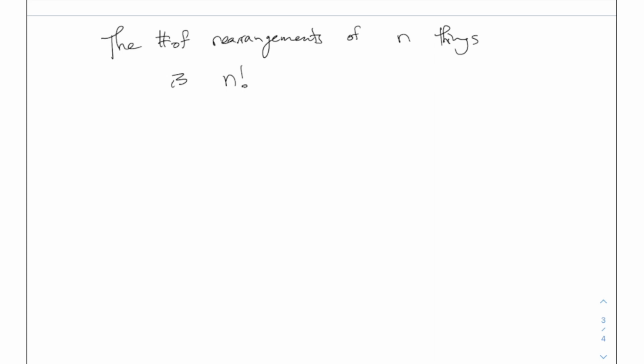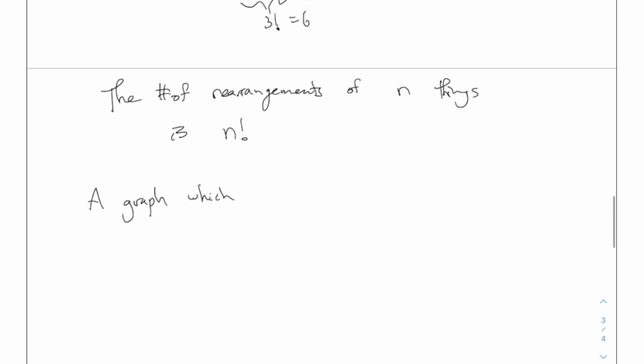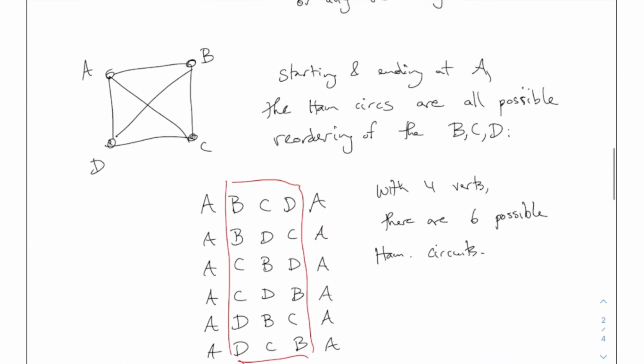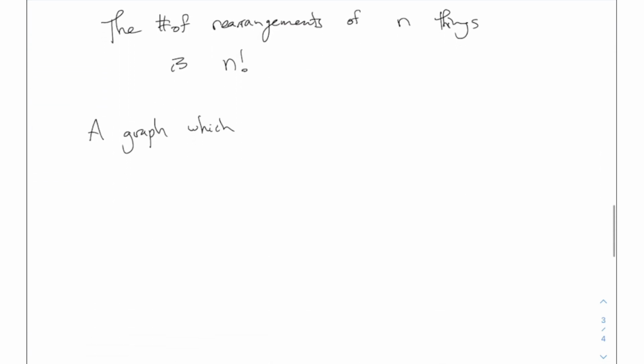There's actually a name for this type of graph. The graphs that I've been using here are ones which have all possible edges drawn. Every pair of vertices is connected directly by an edge. That's not true of most of the graphs that we looked at before now.